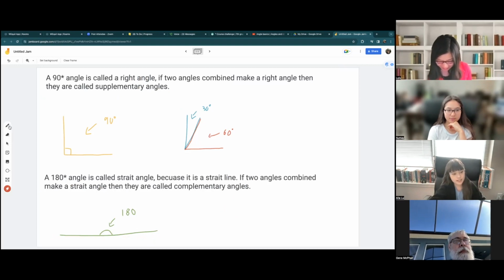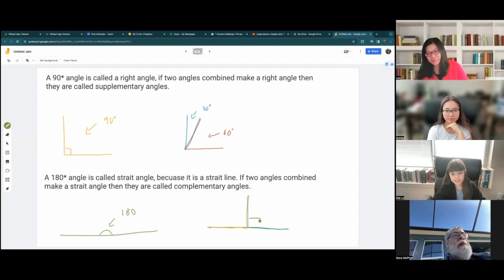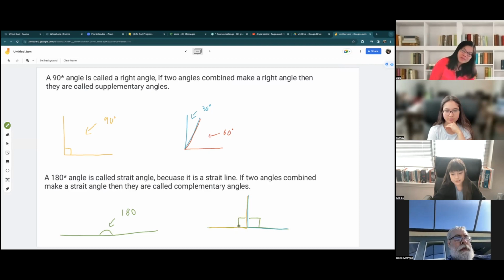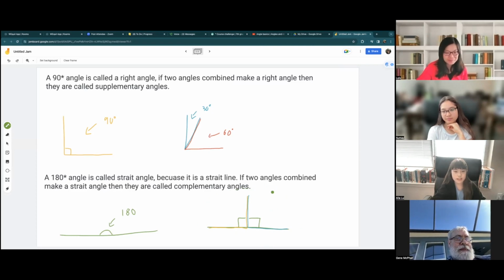You take this, but then you can divide it into these two. Say this is 90 and this is 90. Then these would be complementary angles because they make a straight angle.